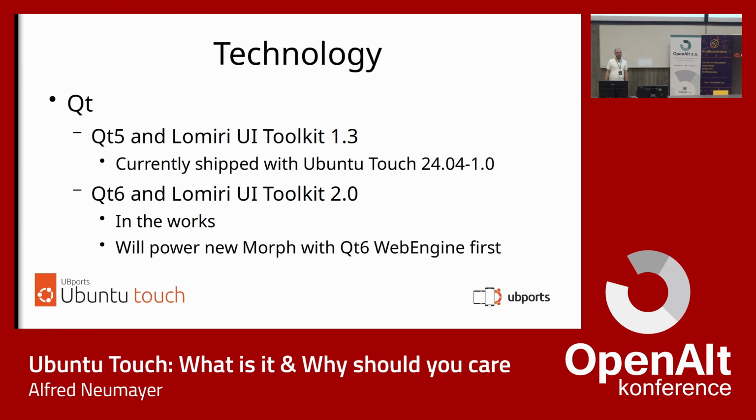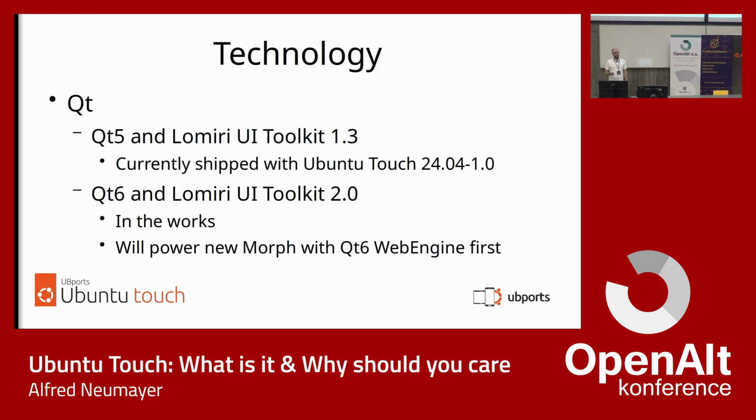the web browser that we use relies on Qt 6 web engine, or Qt web engine, and on Qt 5 it's an old Chromium base. It's basically Chromium 78, which is old and unsupported, and we only get a little bit of security fixes from the Debian side into it, but that's not a path forward.